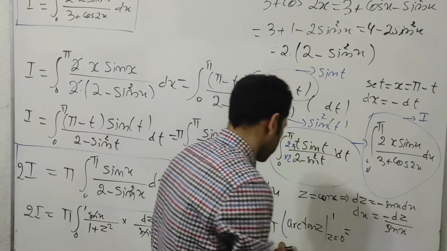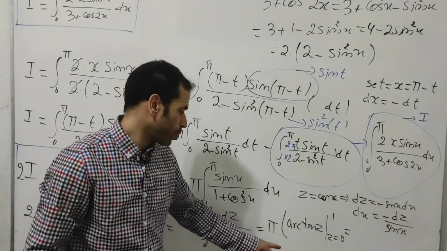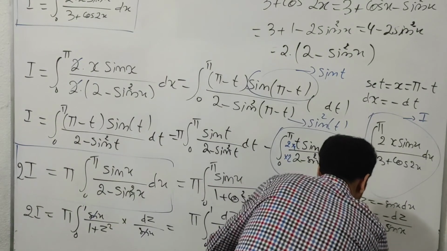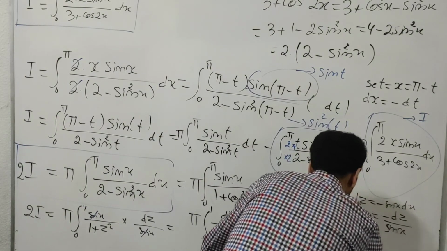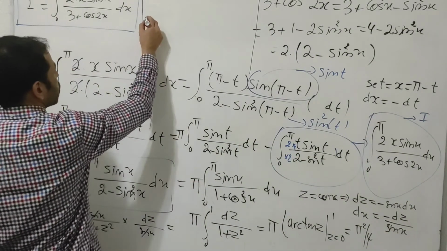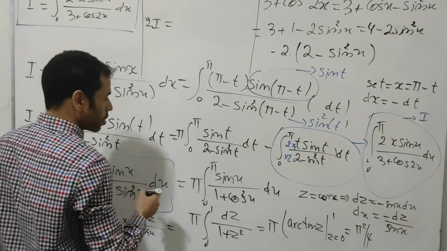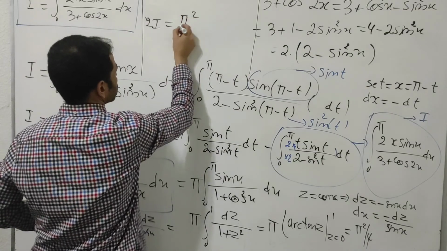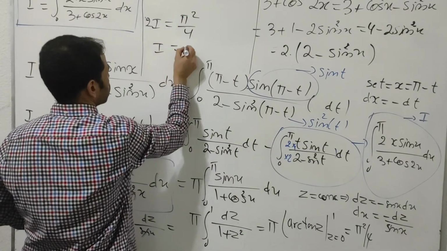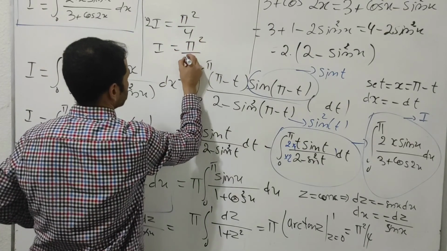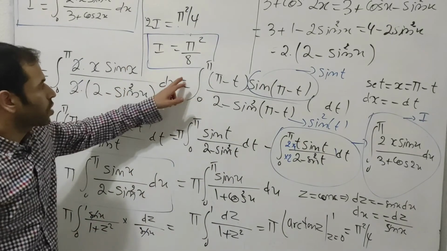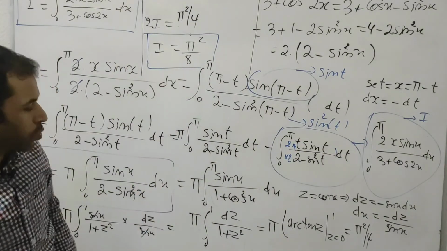Our integral becomes pi over 4 multiplied by pi, which is pi square over 4. Now we have 2I equals pi square over 4. That means I equals pi square over 8. Here is the value of the I integral: pi square over 8.